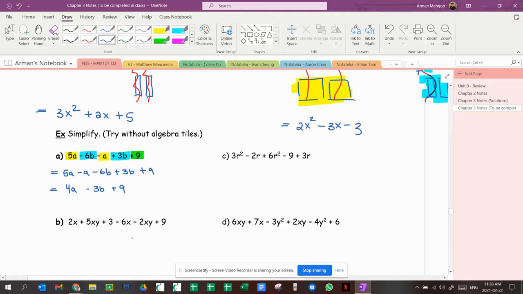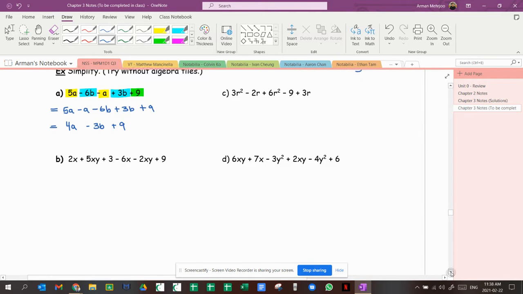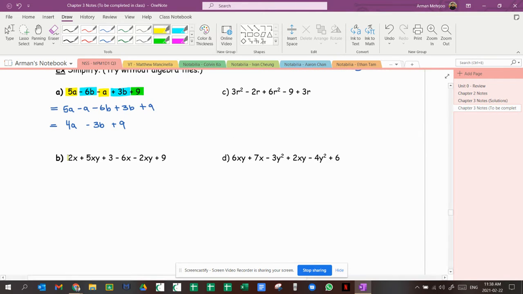Let's try example B. Let's identify our like terms real quick. See how I didn't identify my negative sign before I just highlighted the 6x? It's really important that you also include this sign when you're identifying your like terms. 5xy and negative 2xy are like terms, and then positive 3 and positive 9 are also like terms.